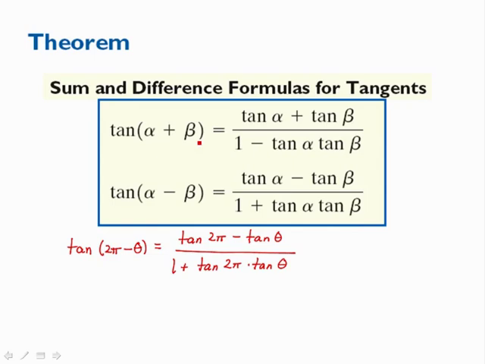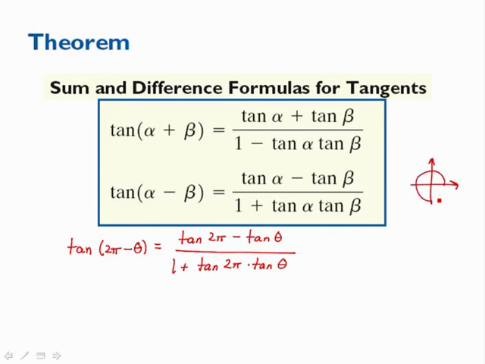What is the tangent of 2 pi? 0. Right? Because tangent of an angle theta is y divided by x.